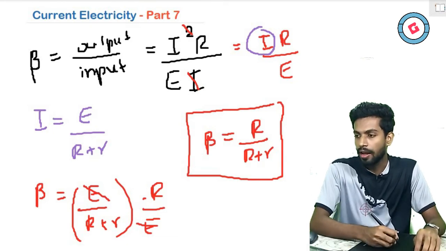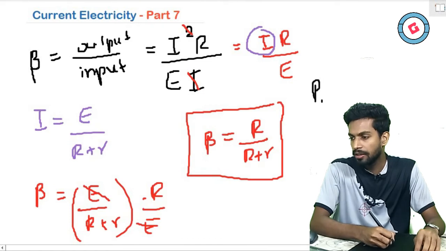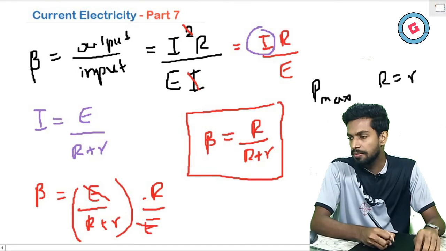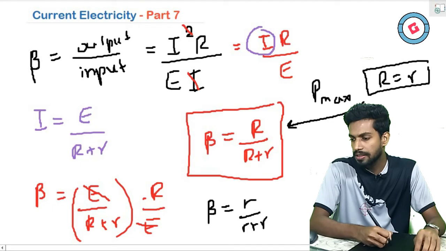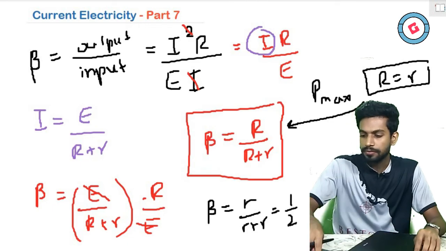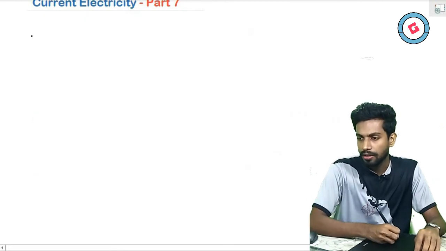And as I showed before, at P max, R equals simple r. So if we substitute this into this equation, we can see that efficiency is equal to simple r by (simple r plus simple r), that is half.